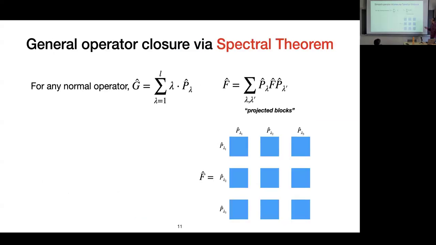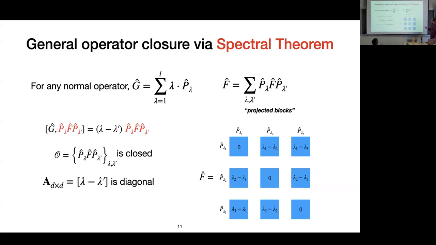For any normal operator G, for example, the anti-Hermitian operators which we use to define our unitary, by the spectral theorem, you can decompose this into projectors onto different eigenspaces. And you can also decompose the transformed operator F into projected blocks acting between different eigenspaces of G. If you check the commutator with G, each of these projected blocks essentially remains invariant with respect to G, only with a constant, which is the eigenvalue difference between the left and the right projectors.